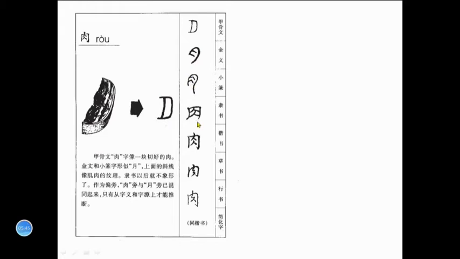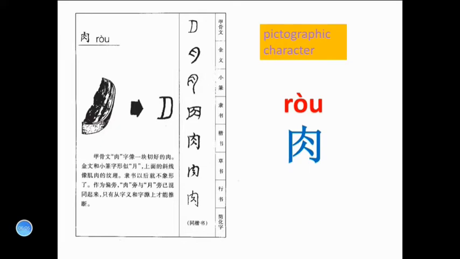Then, gradually, the character evolved and became what we are using today, 肉. This is an independent character that resembles the looks of the actual object. Remember what this kind of characters are called? Yes, they are called pictographic characters.